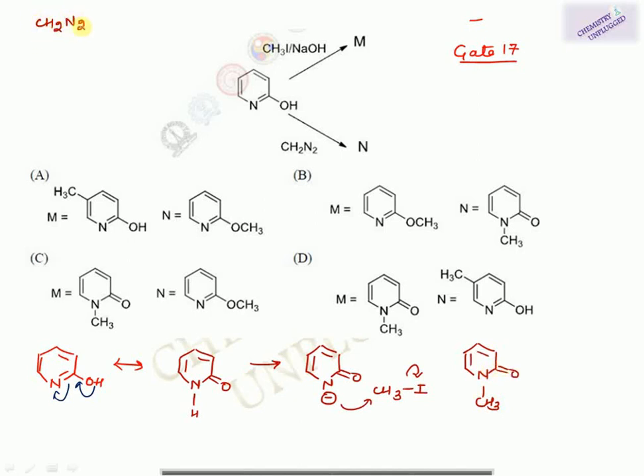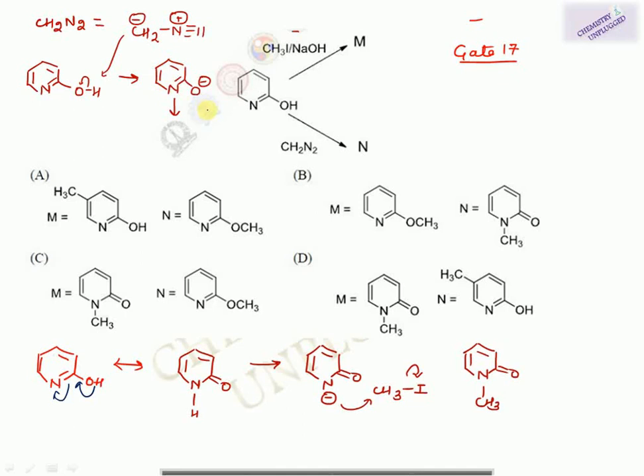Then we are using CH2N2. I can write diazomethane like this also, and this time we are using this form as the reactant. The diazomethane first removes this H, and this oxygen will become negatively charged.